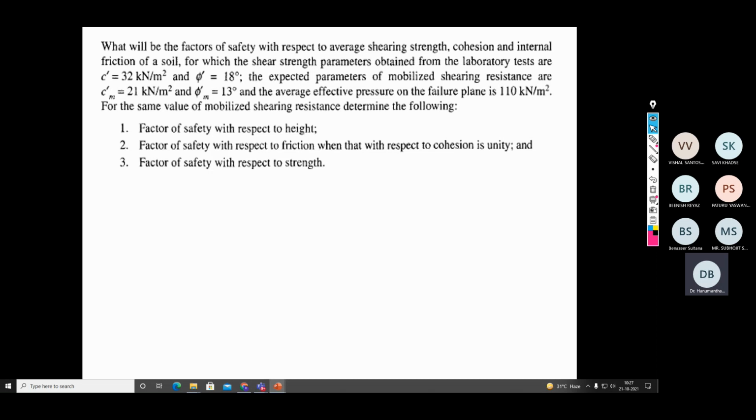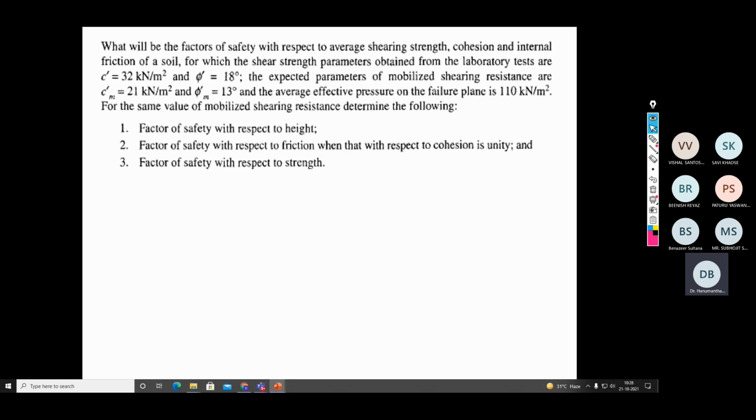Now this is one of the beautiful examples where you are going to get a set of factor of safety values. From there you can understand which condition is the most critical for the stability of the slope. Almost the first half of this sum is a repetition of the previous sum.